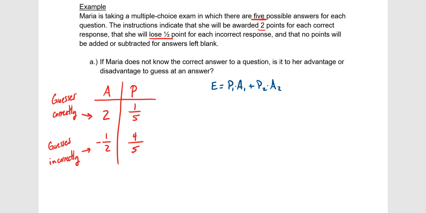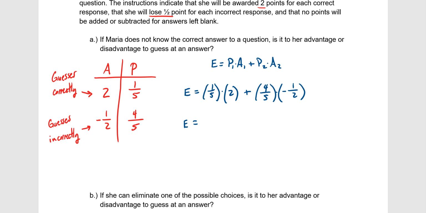Okay, so let's go ahead and set this up. So it's going to be the expected value is P1, which is just going to be the 1/5, times 2, plus P2, which is 4/5 times -1/2.